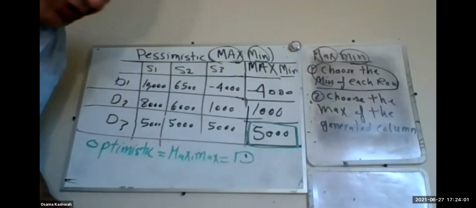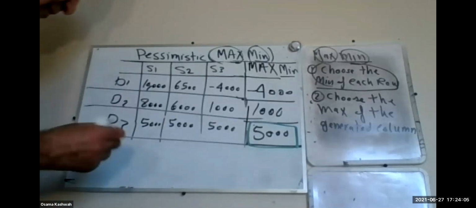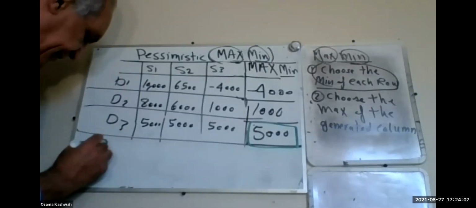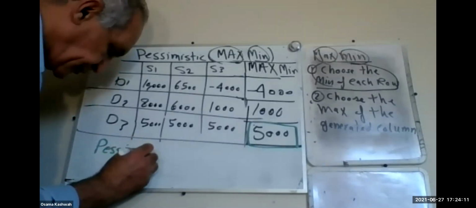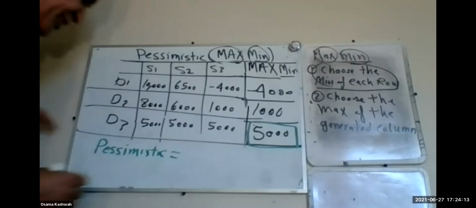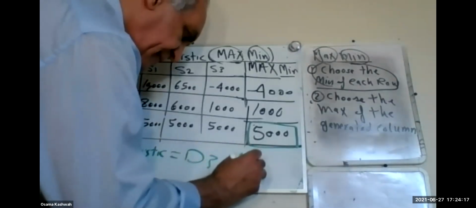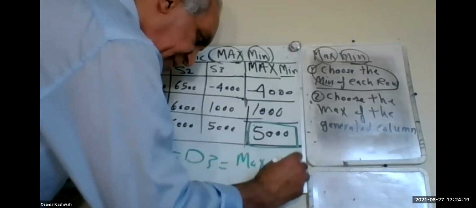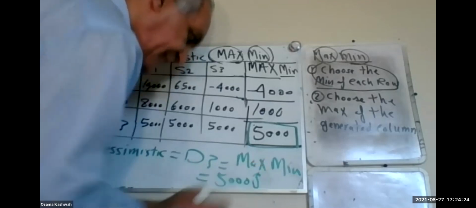Based on the pessimistic criterion, I will choose D3 because its maxmin equals $5,000.